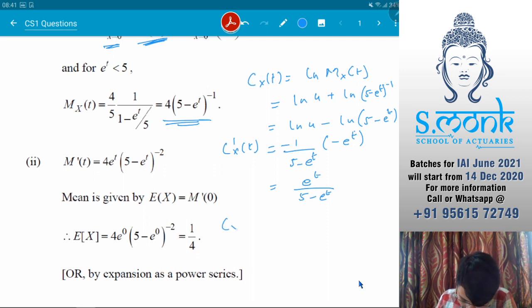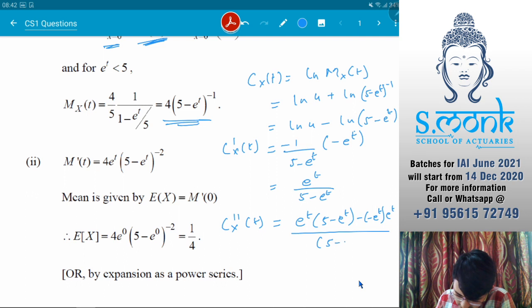If I want to differentiate it 2 times, this would be easier to differentiate. That becomes e raised to t into 5 minus e raised to t, minus e raised to t into e raised to t, upon v square, that would be 5 minus e raised to t whole square.